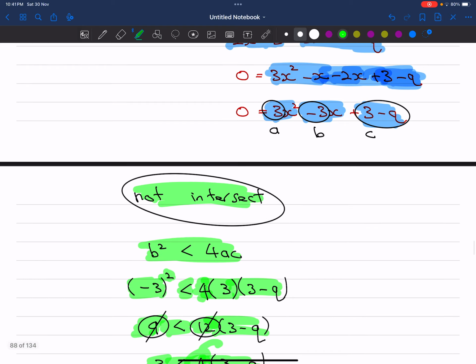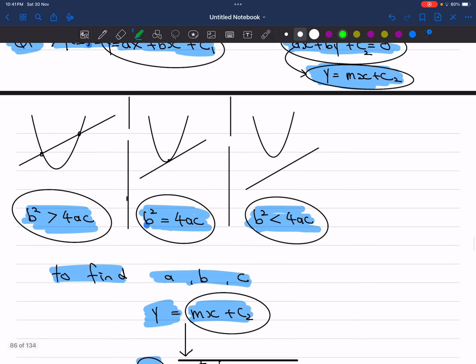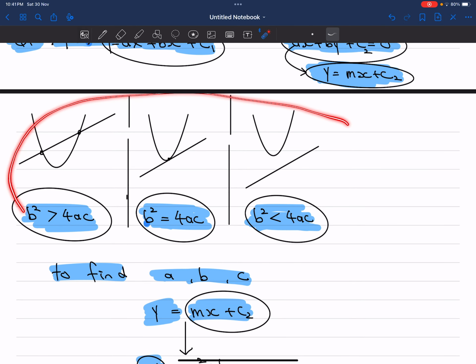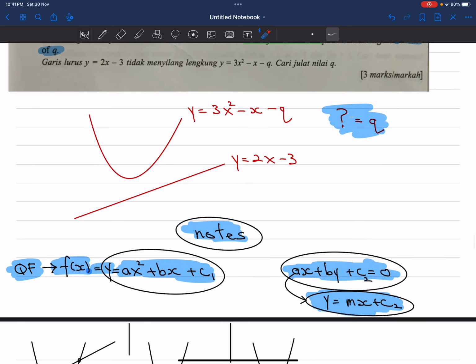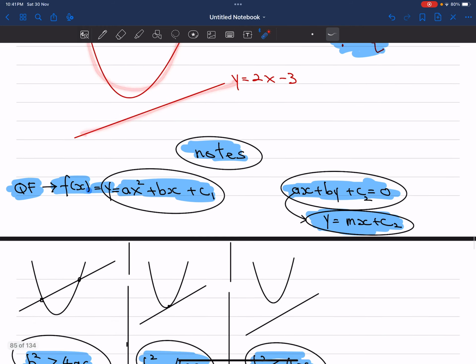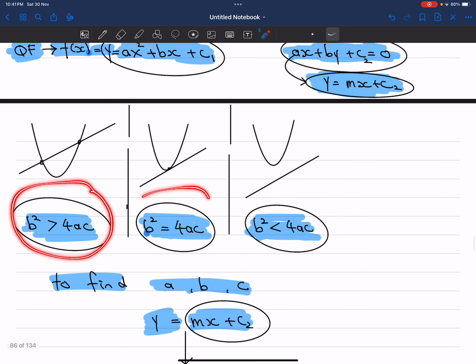Okay, this is quite a long question, and please don't forget these notes. These notes are critical. Whenever you have an intersection between a curve and a straight line, remember the 3 things.